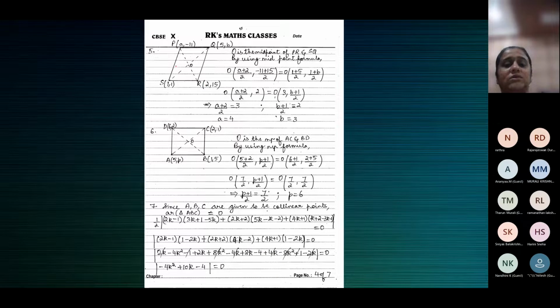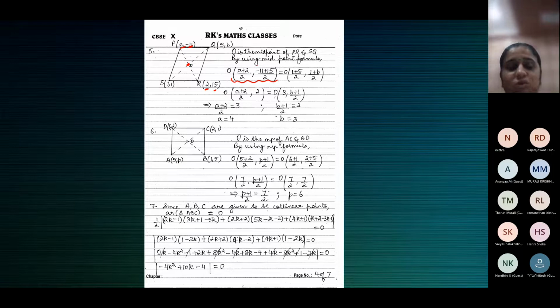So after drawing the figure and filling in the information given, how do you find the coordinates of O? It's a parallelogram. How do you find the coordinates of O? (x1 plus x2) by 2, that is (a plus 2) by 2, comma, (minus 11 plus 15) by 2.